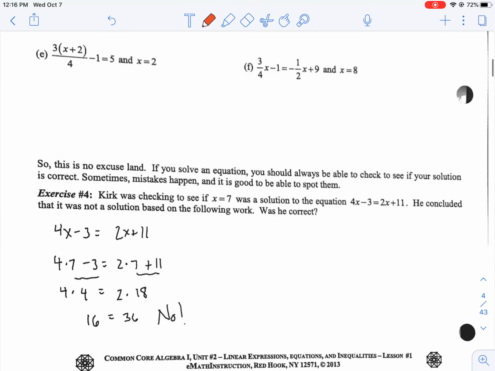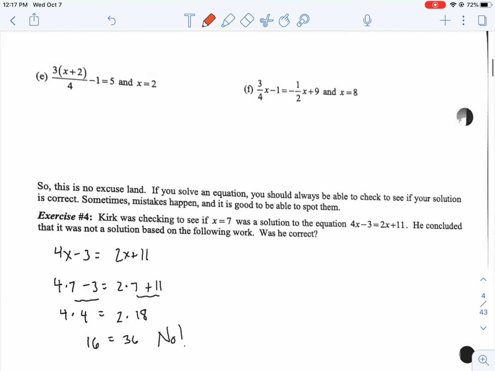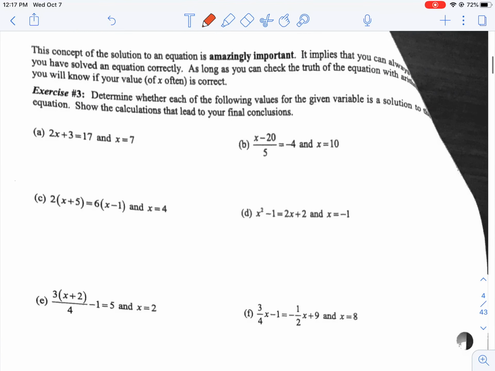Then if you're following on the packet, page number 2. It says determine whether each of the following values for the given variable is a solution to the equation, and show your calculation. Really what we're doing here is reviewing how to solve a problem.